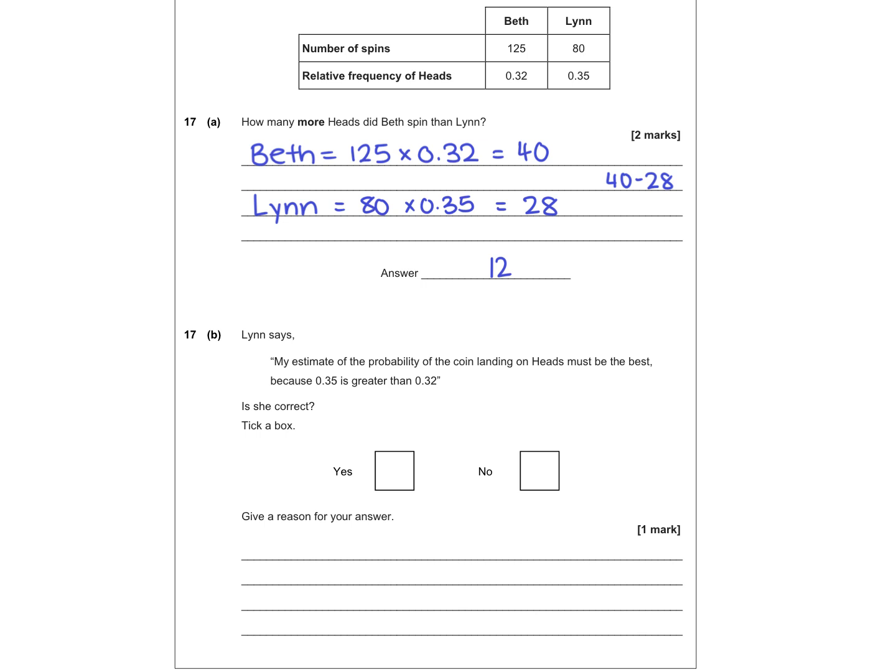Now, Beth did 125 spins, which is loads of spins, while Lynn only did 80, which is a lot, but it's less. So Lynn is actually wrong. So is she correct? No. Give a reason for your answer: Beth did more spins, or more trials.